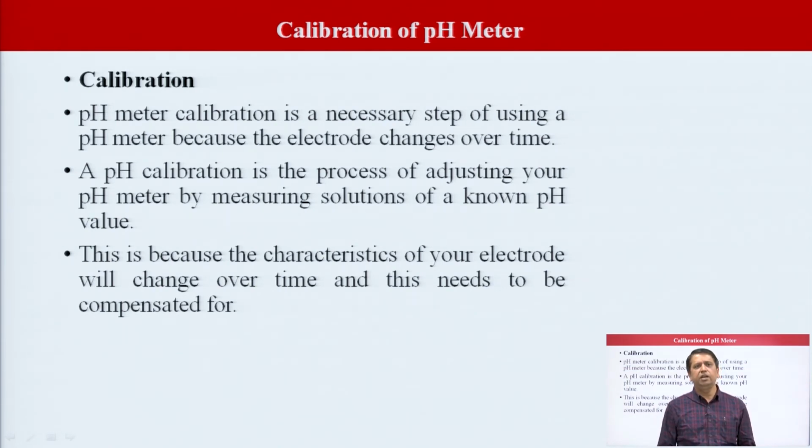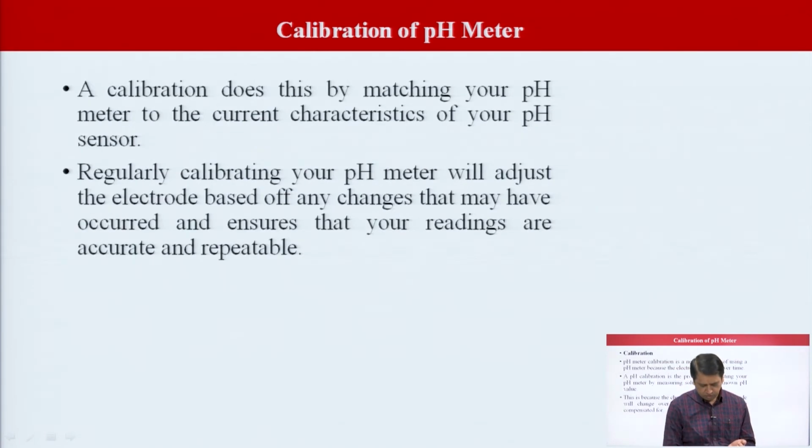So, after a very long time of usage, there may be some change in the performance of the electrode, and this performance should be compensated, and that is why the calibration of the pH meter is required. A calibration does this by matching your pH meter to the current characteristic of your pH sensor.